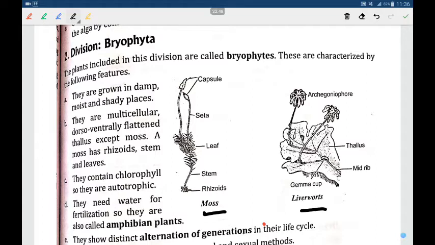At least if you remember, then you can write the characteristics. We will write the important characteristics of Bryophyta. First, they grow in damp, moist and shady places.